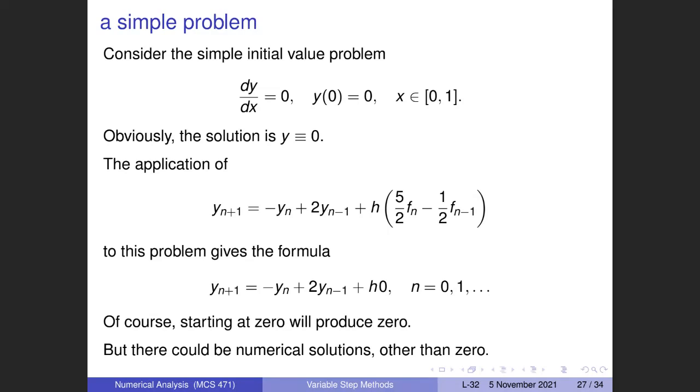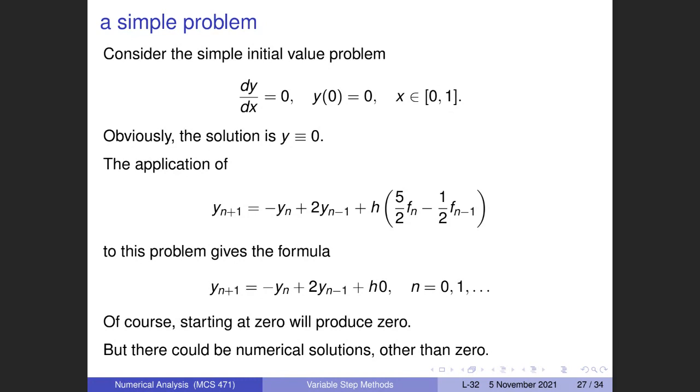Here is what the second method does to a very simple initial value problem. So it's no longer exponentially decaying. We have a solution that is actually flat. So it's a very trivial test problem, but let's see what we apply to this.